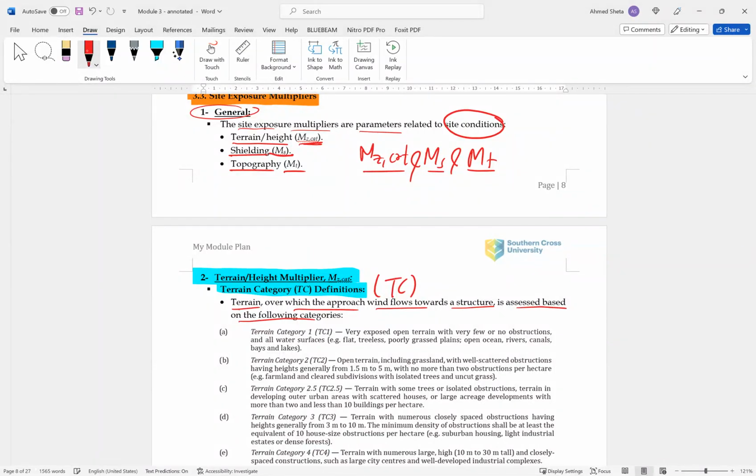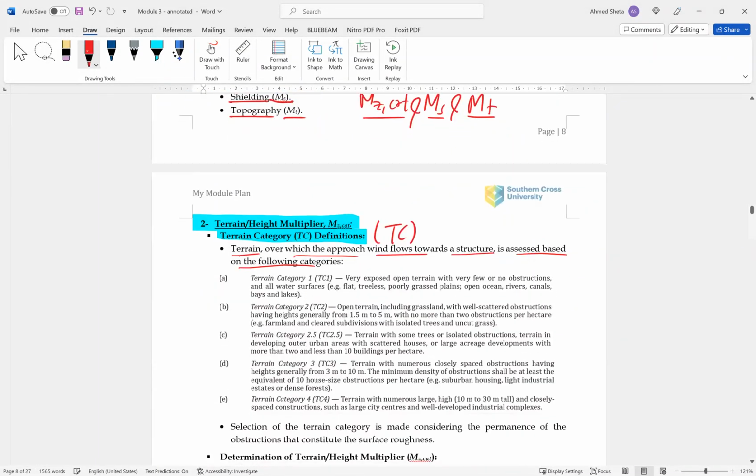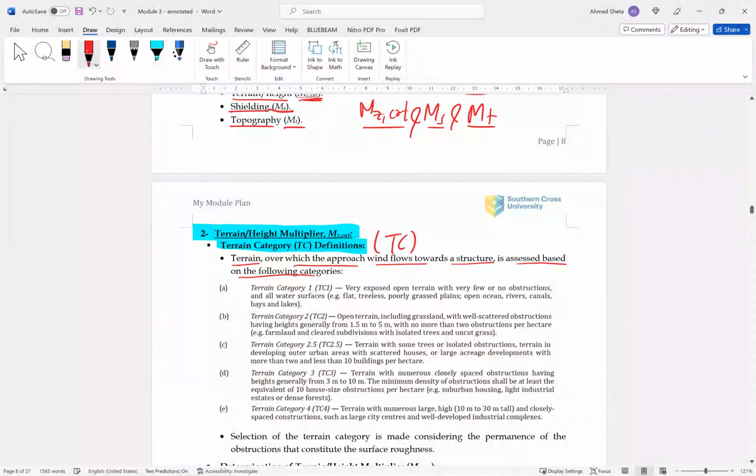So we have 5 categories to assess the terrain category. Number 1 is terrain category 1, or TC1. We have TC2, we have TC2.5, we have TC3, and we have TC4.